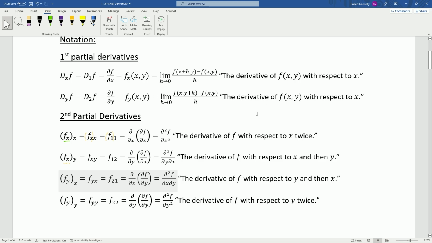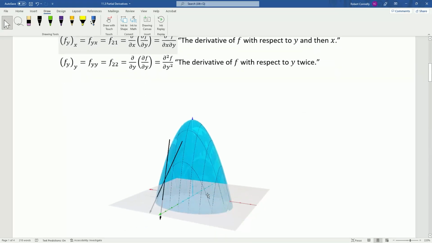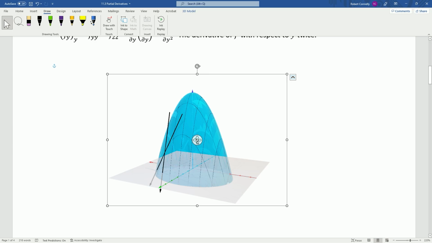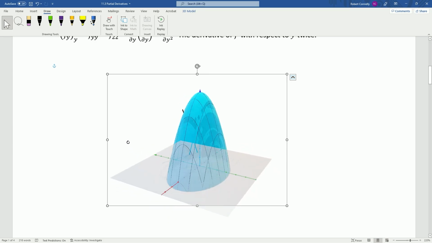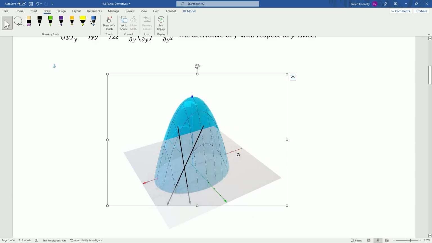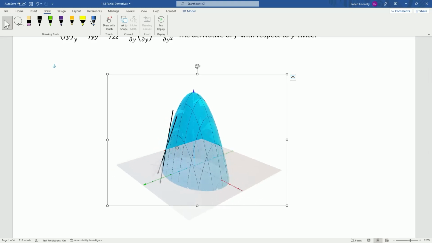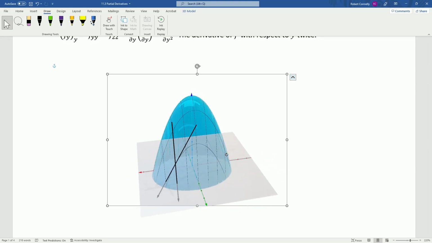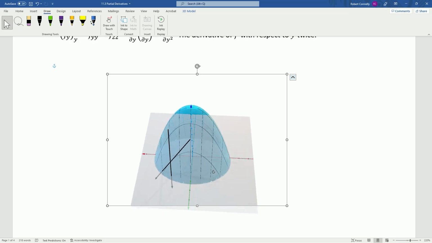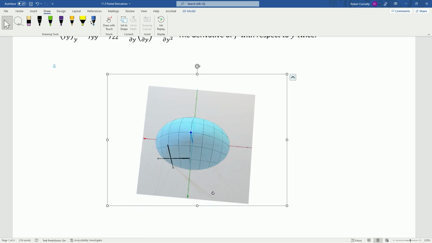That is to say, how fast is the value of z changing when x or when y changes? So if we take a look at this model, which, ignore the splotchiness, I couldn't quite get Blender to interpret this one properly, so it looks a little funny, but it'll get the job done.